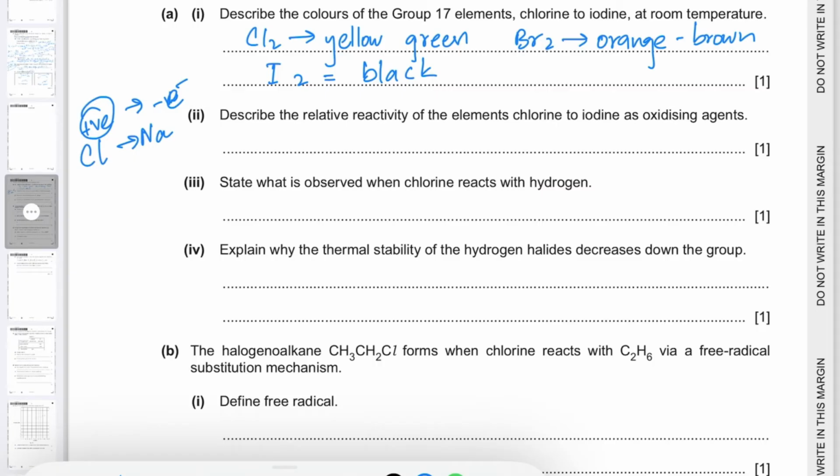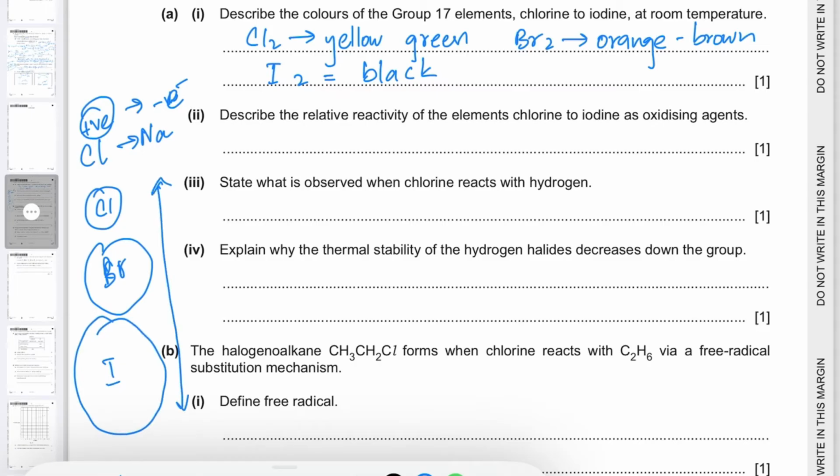Going from chlorine to iodine, or going down the group, the number of shells of the atom increases. This will reduce the nuclear attraction that is required to remove an electron from another atom. So as you go down the group, the size of the atom increases from chlorine to bromine.